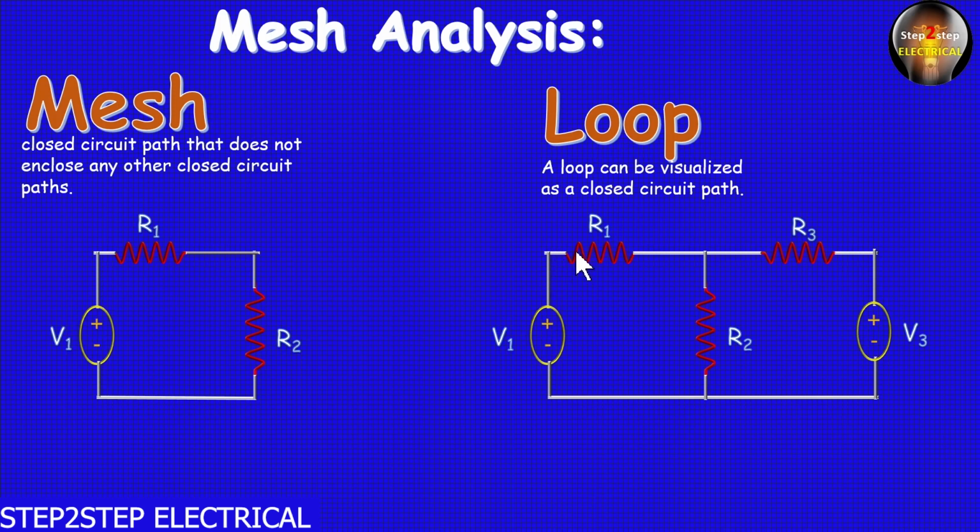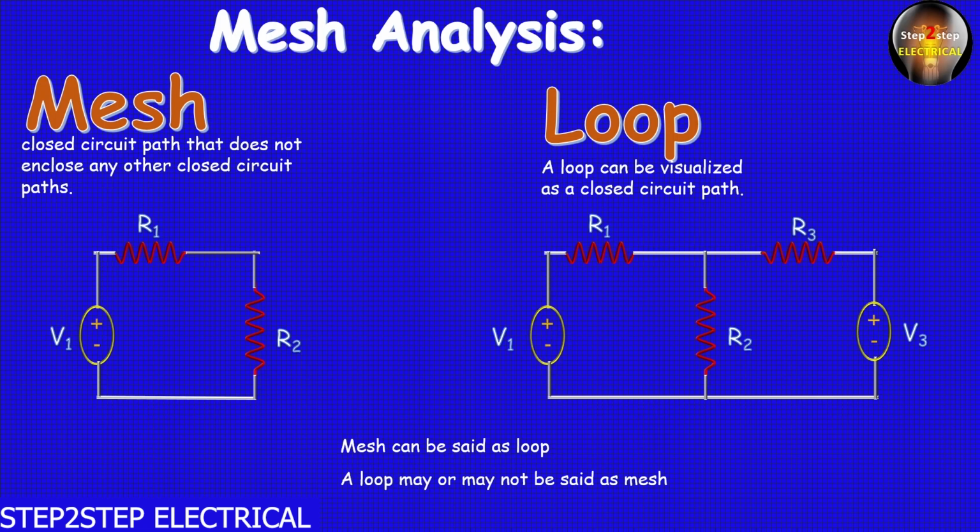It means inside a loop there may be meshes. Or the next question, can't we say a mesh is a loop? Yes, we can say a mesh is a loop. This is a loop, this one is also a loop, and the greater one containing two meshes is also a loop. So friends, we can conclude that a mesh can be said to be a loop, but a loop may or may not be a mesh.